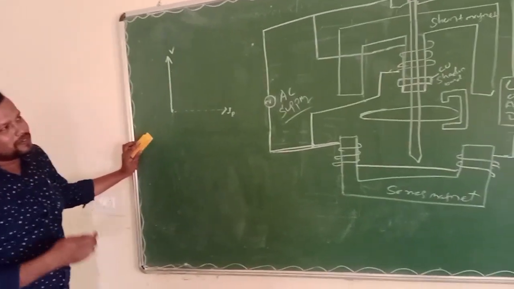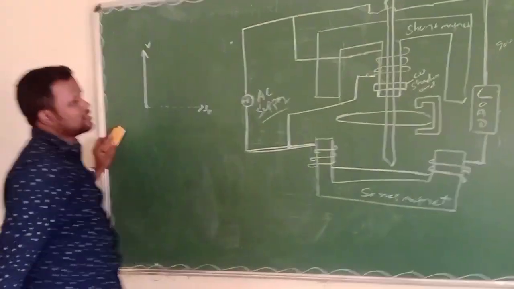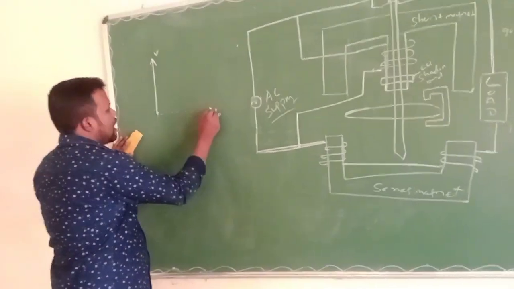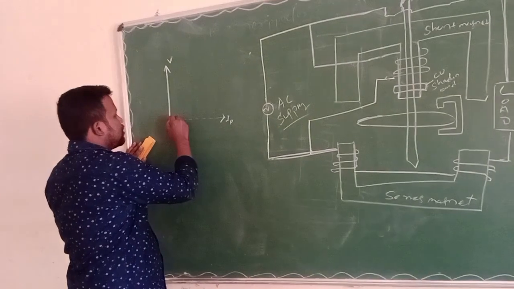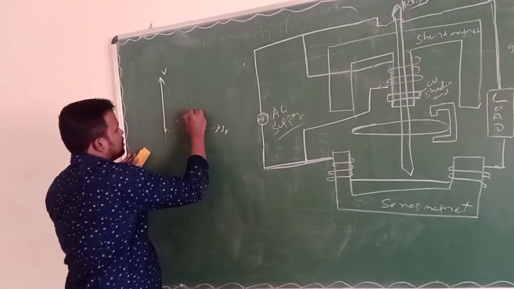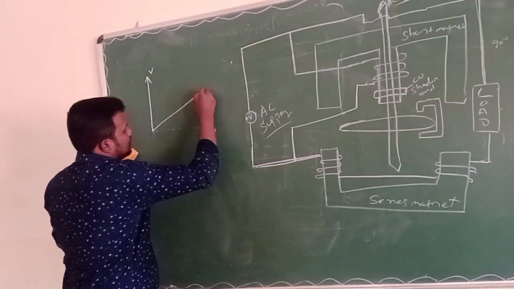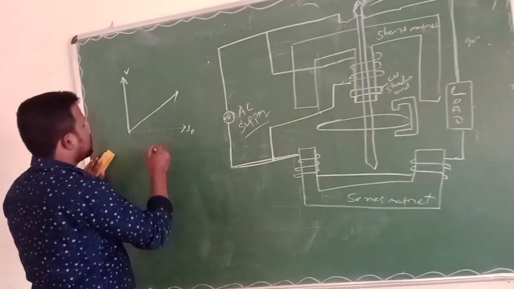But if it is not pure, then the current IP has some phase lag. It is not pure, so it is a pressure coil.